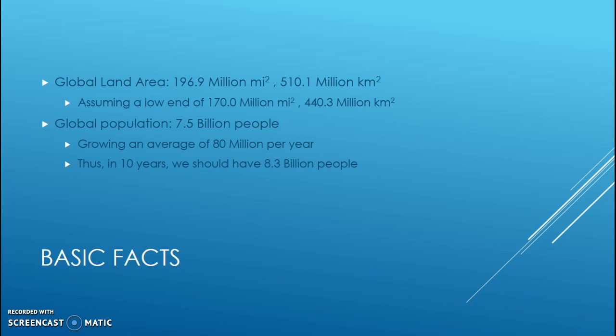Now, at present, the global population, as you all may know, is approximately 7.5 billion people, and we are growing at an average of 80 million people per year. Thus, in 10 years, we should have an additional 800 million people to our current population, leaving us at approximately 8.3 billion people. For the rest of the video, we will be using a number of 7.5 billion people.